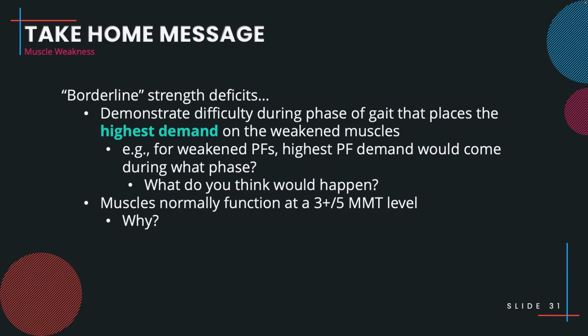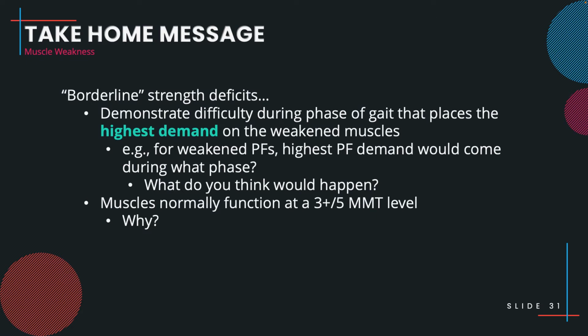But does this necessarily disqualify it from being a somewhat useful measure or somewhat useful screen for strength contributing to gait deviations? It probably wouldn't, because if somebody's not able to get a 5 out of 5 on a manual muscle test, then that would be suggestive of some pretty significant weakness, since it doesn't take that much to get a 5 out of 5 on manual muscle testing.